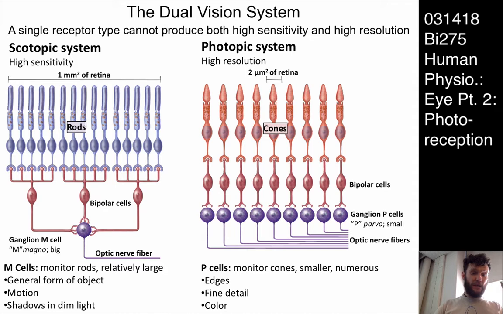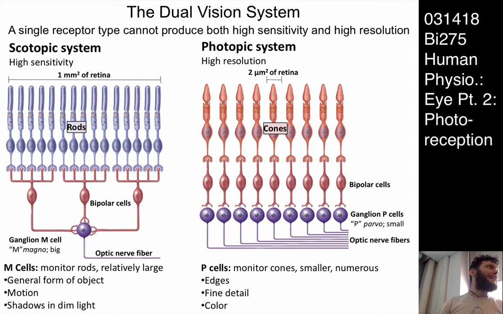So a single photon can set these photoreceptors off, and many of these rods are monitored by a single ganglion cell.